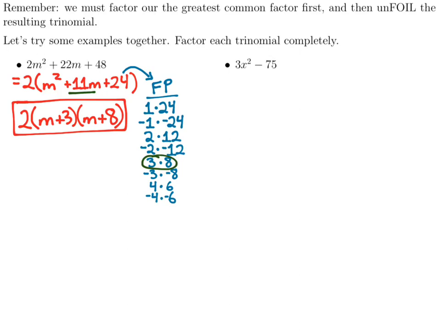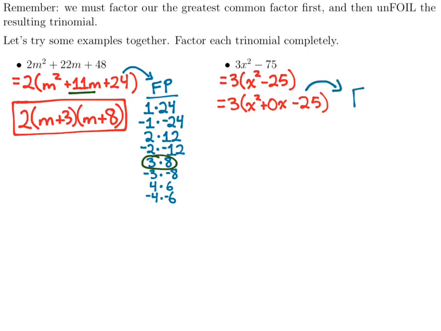All right, now if you look at the next one, the 3 can factor out because 3 divides evenly into 3 and 75. Of course, this has that silly little 0 trick going on, so it's x squared plus 0x minus 25. Not so terrible, really.